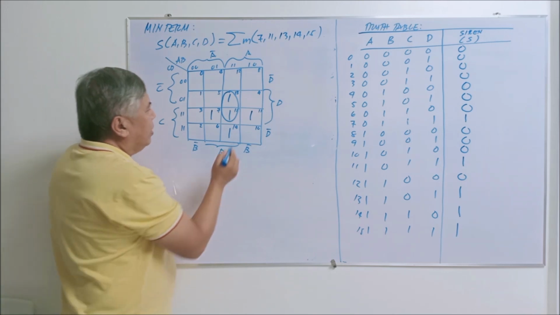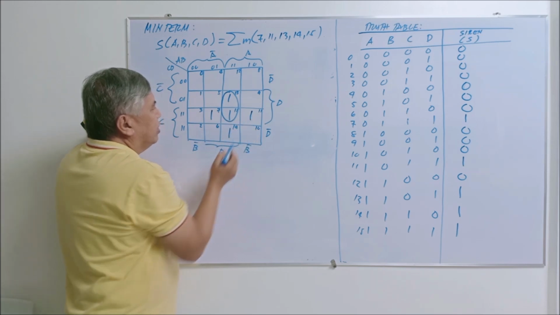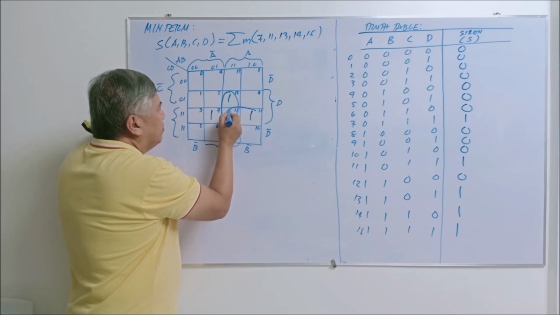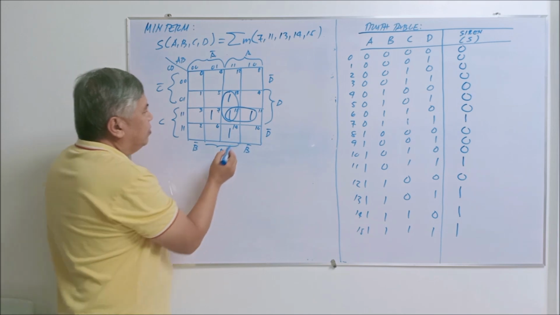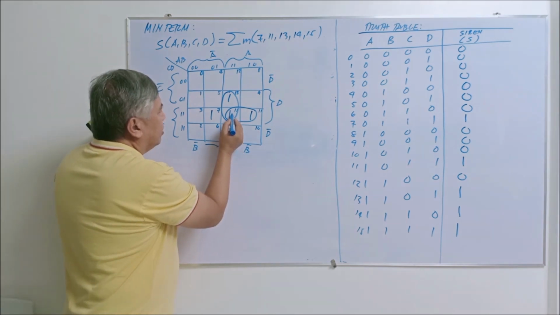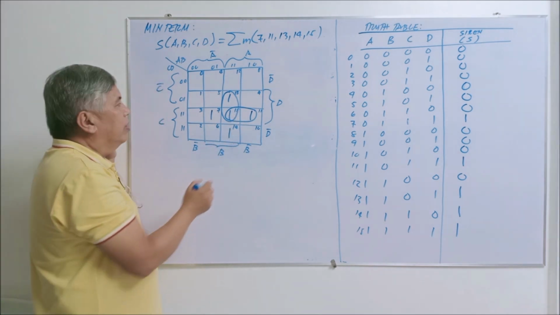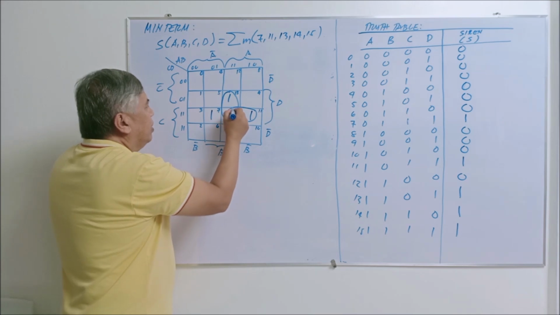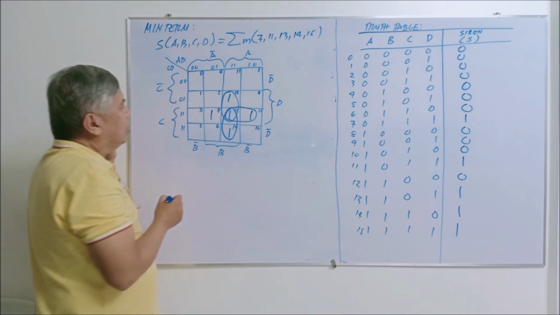Okay. Now again, 15 here and 11 are adjacent, and this 11 here is not yet grouped. So we use cell 15 to group them together. And then if you notice, 14 here is also adjacent to 15. Even if 15 has been used in another grouping, we can still use 15 for the grouping in that manner.